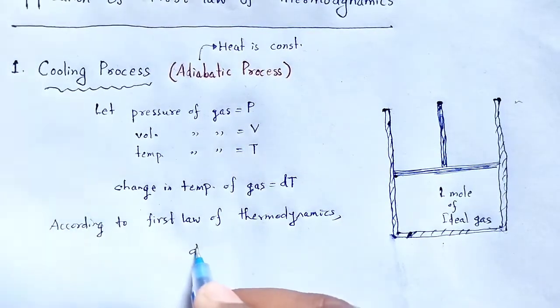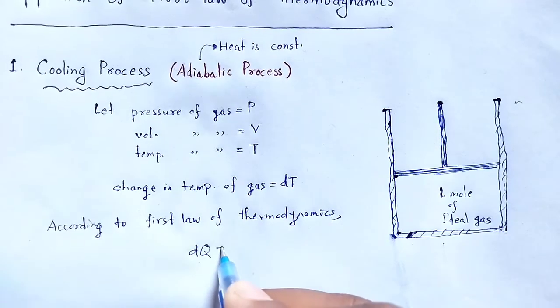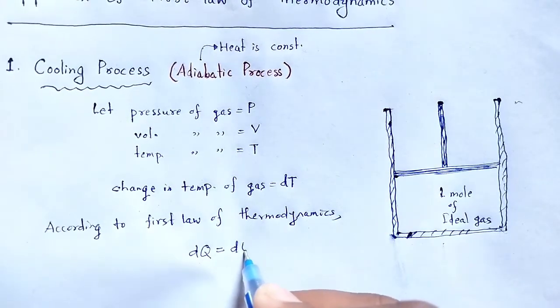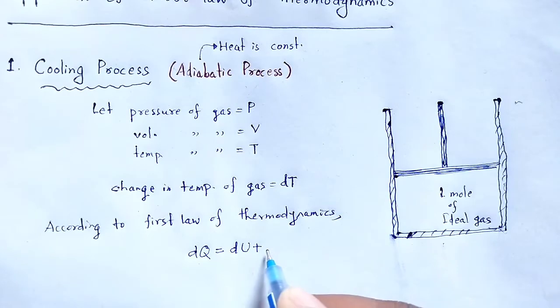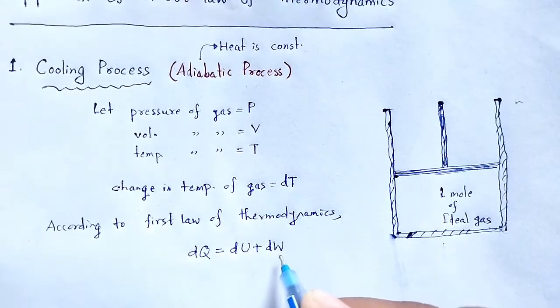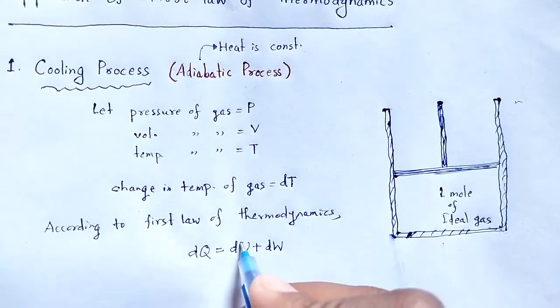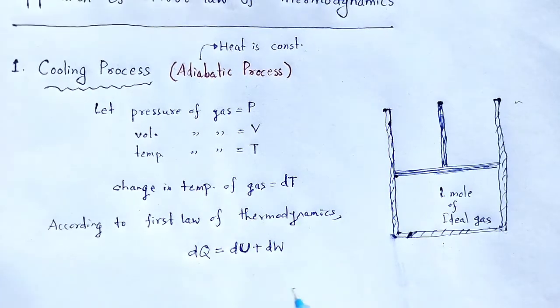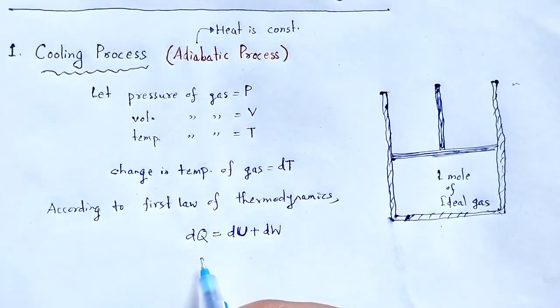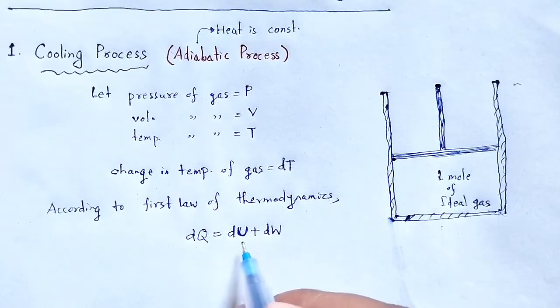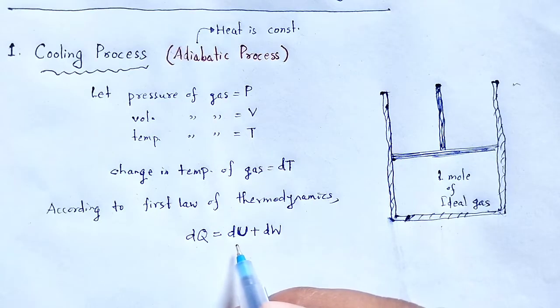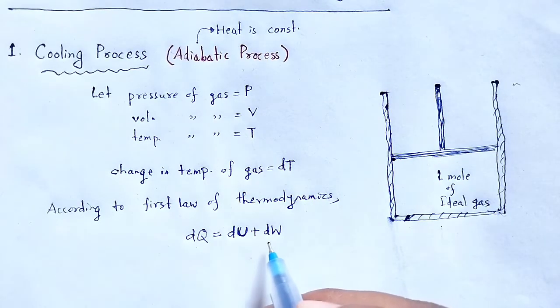The amount of heat supplied to the system is used in change in internal energy plus work done against the external pressure. dQ is the amount of heat supplied to the gas, dU is the increase in internal energy of the gas, dW is the work done against the external pressure.